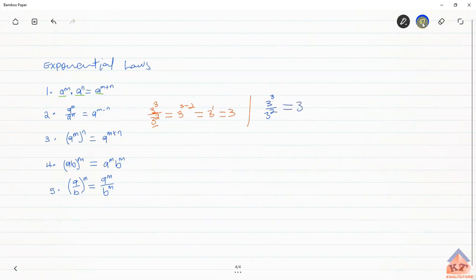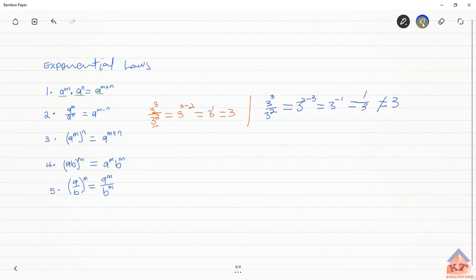You will say 3 raised to the power 2 minus 3. Then this will be 3 to the power minus 1, and this is equal to 1 over 3, and this is not equal to 3. You see, this is a wrong number. So make sure that when applying this rule, you subtract from the exponent found in your numerator.